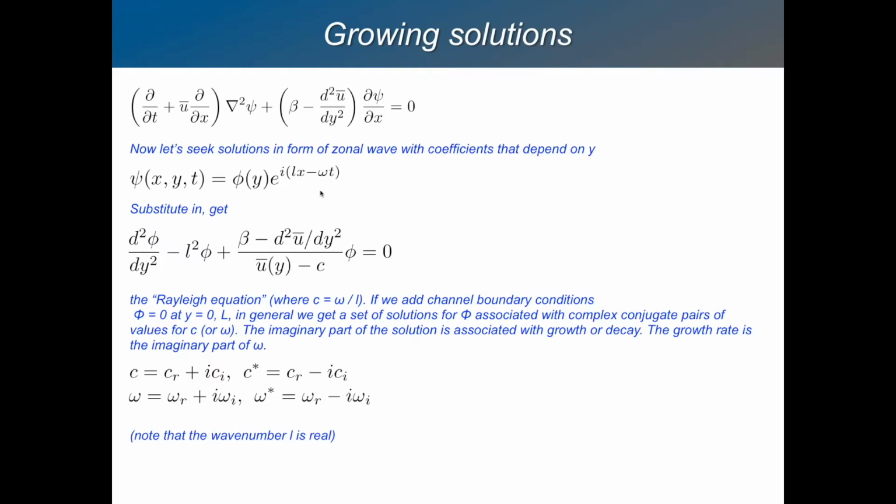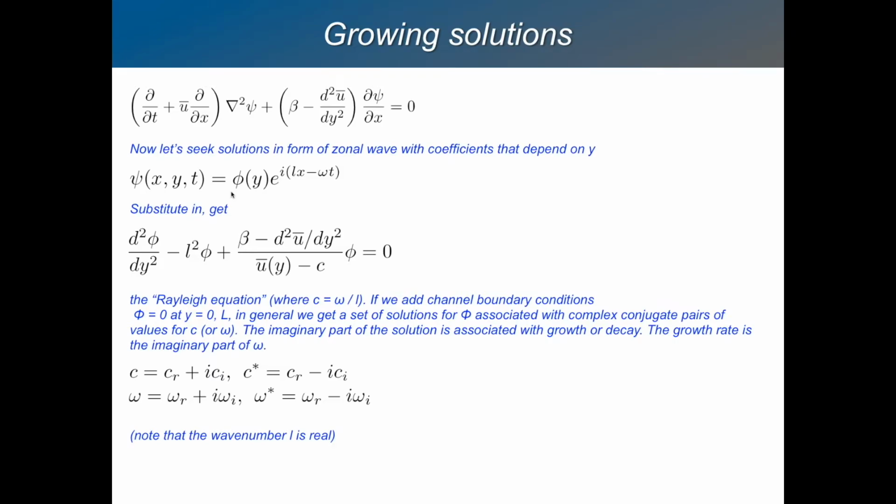So here's, again, our vorticity equation. We're going to seek solutions of the type where now our coefficients are a function of latitude. That's what's different. We didn't do that before. It's very similar to what we did with the vertical dependence. Now it's latitude dependence.